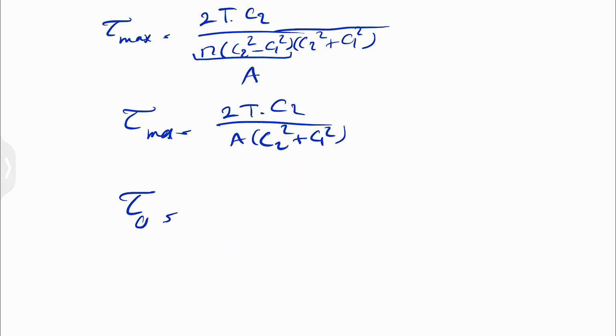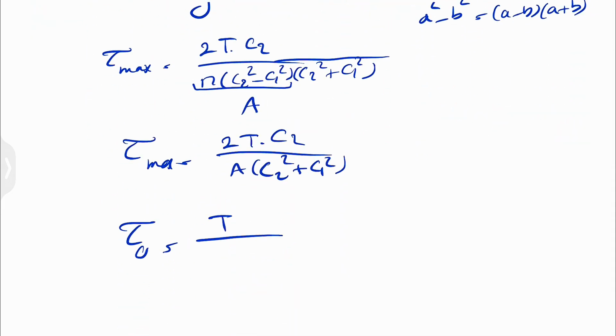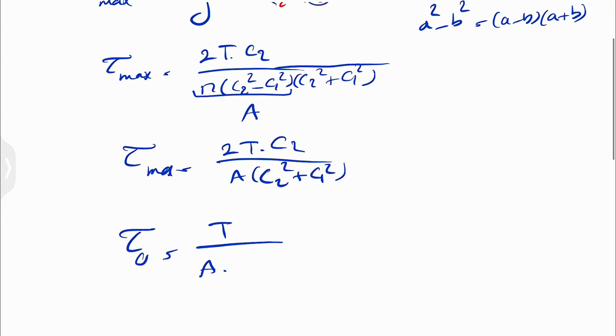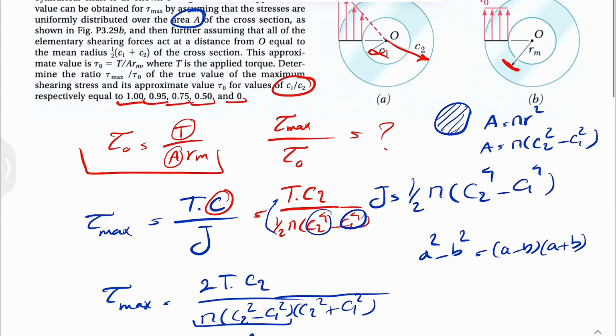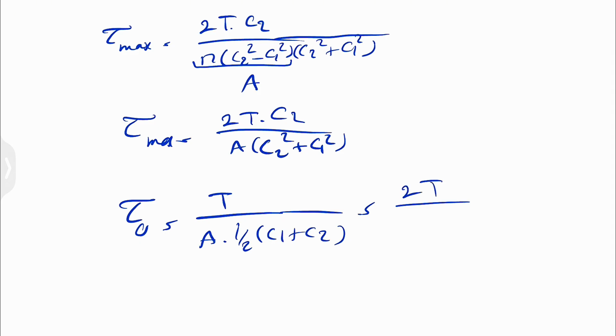And we have our tau zero defined in the question, which was T over A times RM, and our RM was the mean radius, so one half of C1 plus C2. It can be written, just bring the 2 to the top, as 2T over A times C1 plus C2.